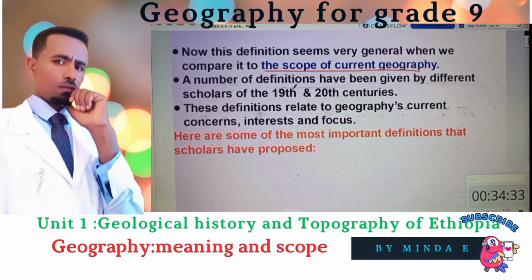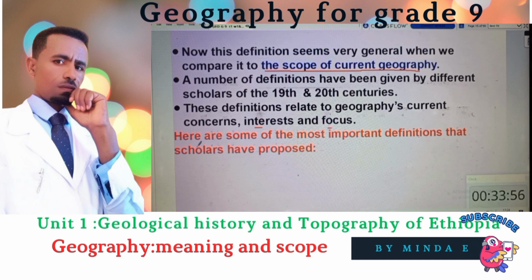These definitions relate to geography's current concerns, interests, and focuses. So, different scholars define geography based on the current concerns, interests, and focuses of geography, and they give different meanings.